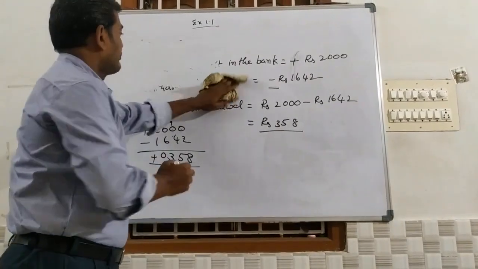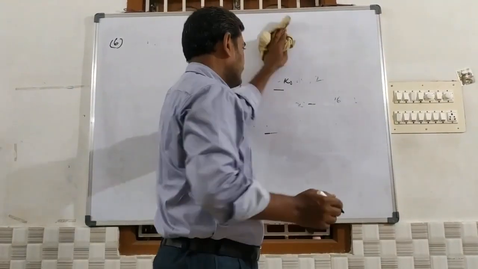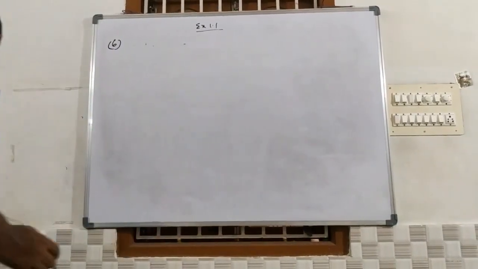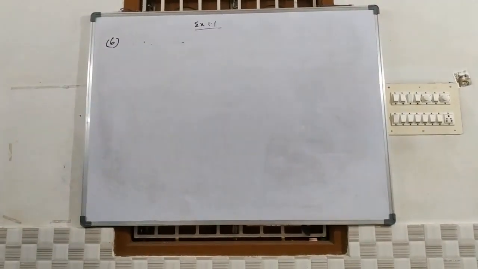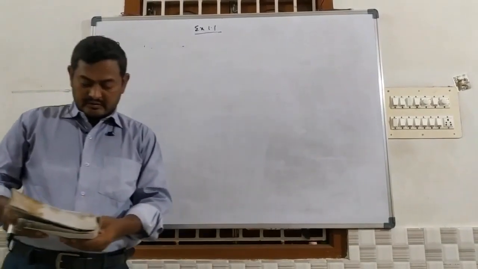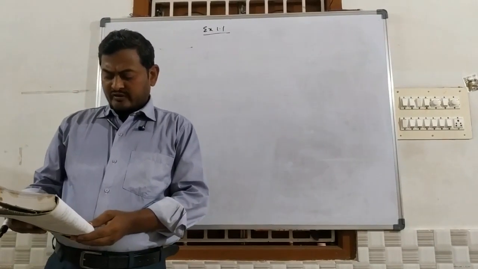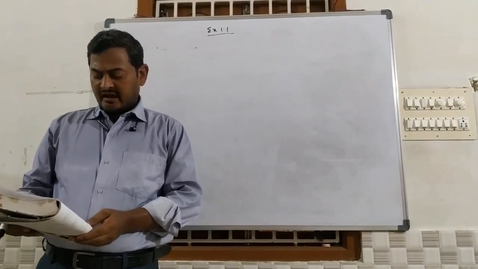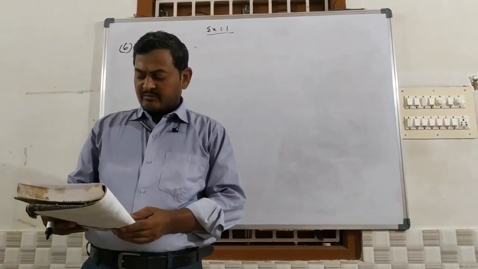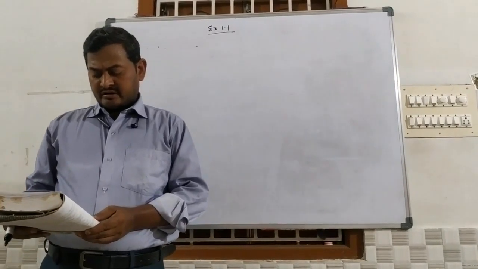Exercise 1.1, sixth question. In this sixth question, what are they given? Rita goes 20 km towards east from a point A to the point B. From B, she moves 30 kilometers towards west along some road.